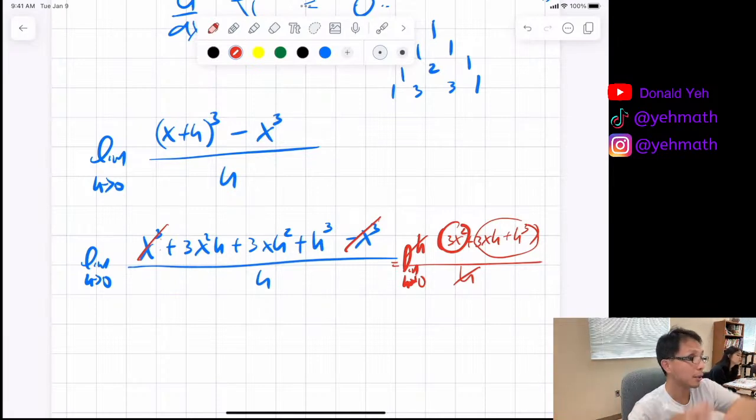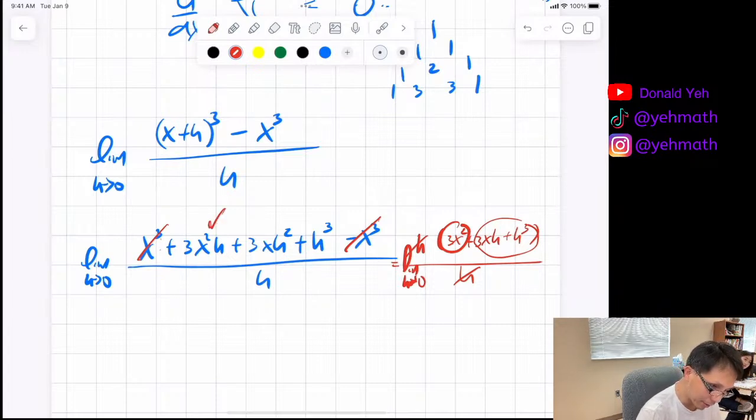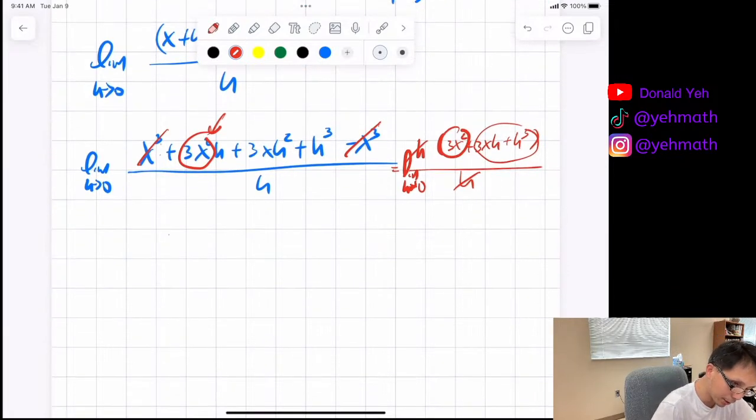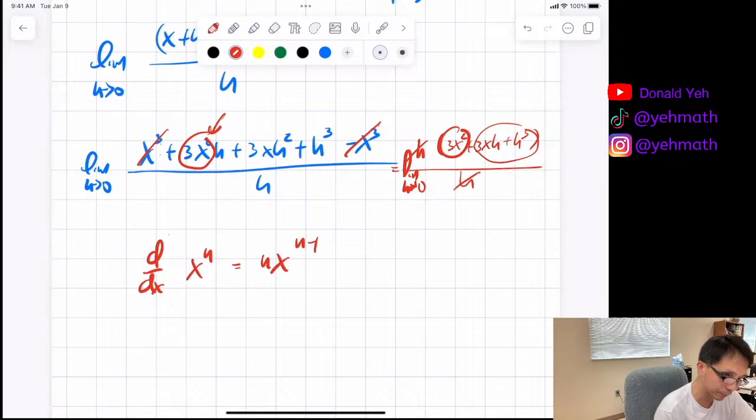The x to the 10 cancels out, you factor out the h, and only this term matters, because the rest has an h that goes to 0. So that's where the power rule comes from. The power rule says d/dx of x to the n equals n x to the n minus 1.